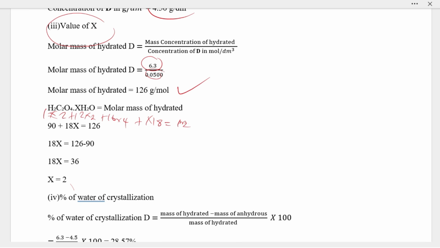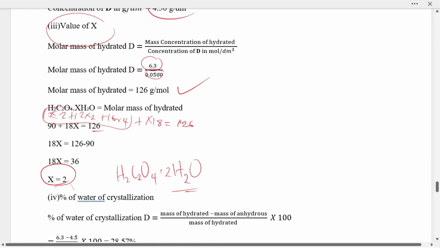That's 126. So if you calculate all these things together, you have your 90 plus 18x equals 126. So if you do all of that, you have your x as 2. So your equation becomes H2C2O4.2H2O. Did you get it?